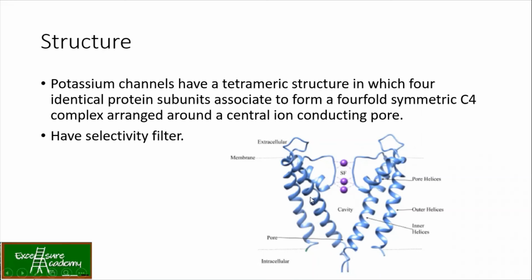Now, in the case of the potassium channel, it's a tetrameric structure in which 4 identical protein subunits associate to form a complex structure, this one. Okay. Now, at the center, there is a cavity. In the cavity, these amino acids, these are the loops of the helices, which are forming the selectivity filter. SF stands for selectivity filter.